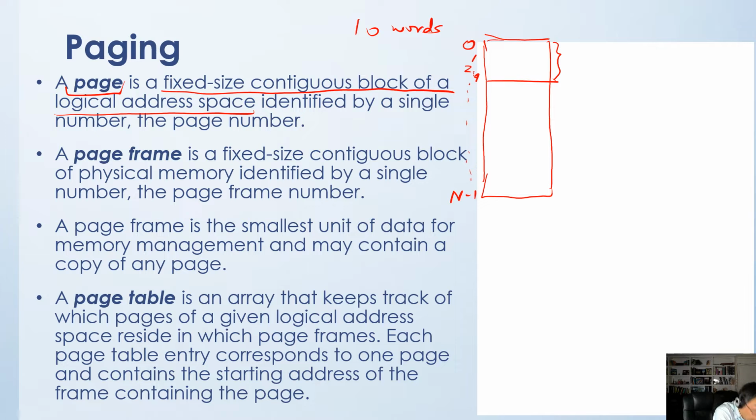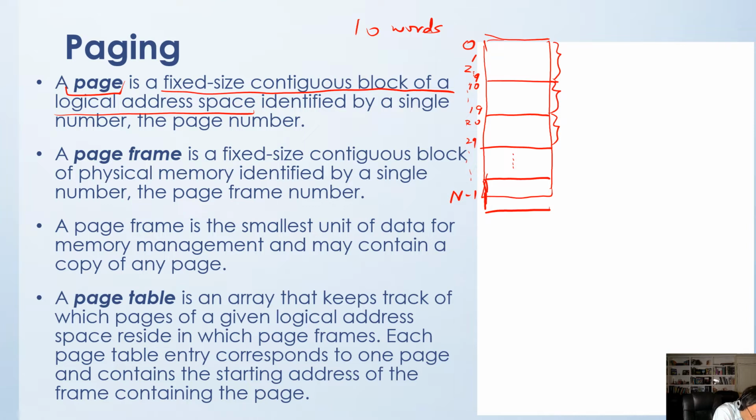Then we can define another page from logical addresses 10 to 19, which also contains 10 words. And then from 20 to 29, that's another page. We define all of these, and eventually we will have enough pages to cover the whole logical address space.